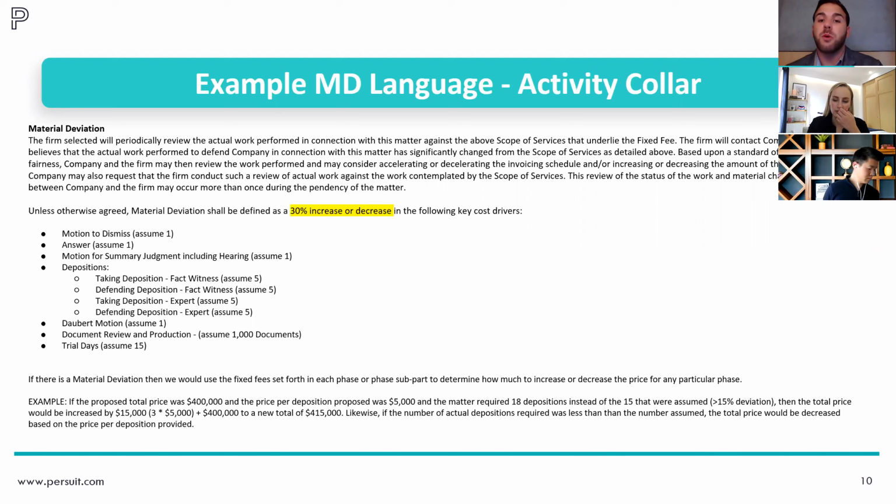Some firms have a lot more capacity at a given point in time. So firm A in one matter with the same scope might be $2 million, and then in the next matter that same firm might be 1.5 million, because they just came off of a big matter for another client. They have a lot of people sitting on their hands, and now because they have that extra capacity, they can provide a more discounted fee arrangement.